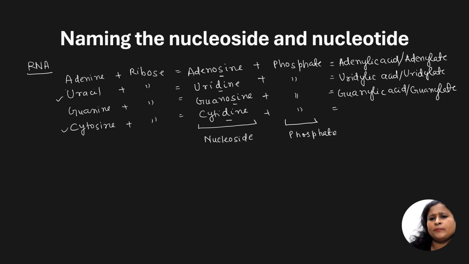Cytidine plus phosphate makes cytidylic acid or cytidylate.